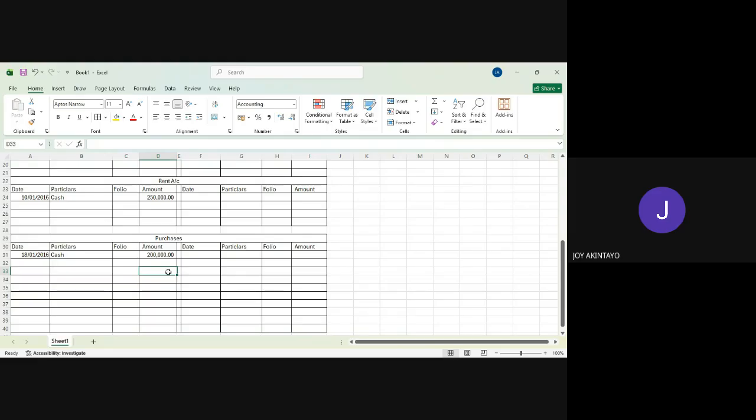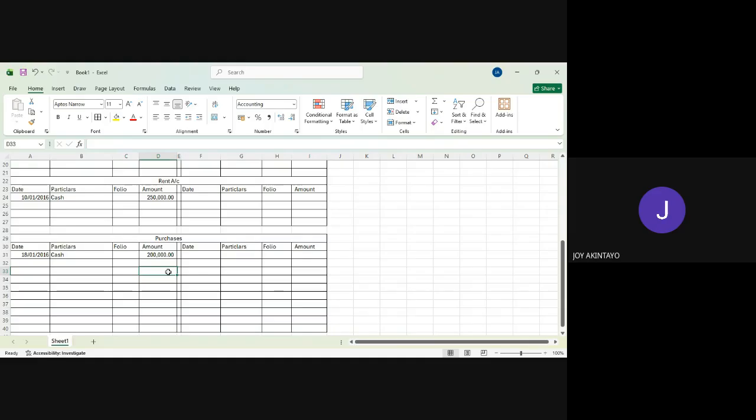Then the next thing, they said purchased stationery for cash, 40,000 naira. So what are the two subject matters involved? Cash and stationery account.